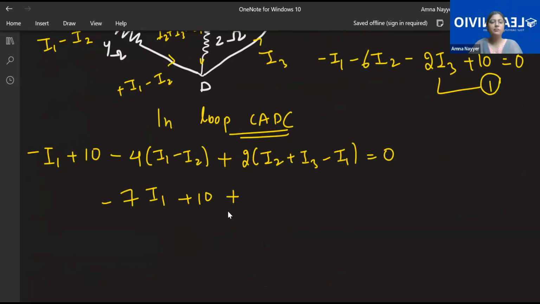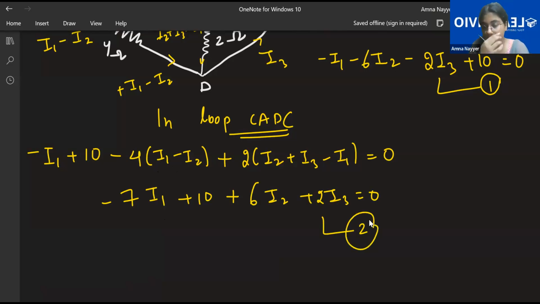Then minus 4I2 and plus 2I2 from there, so minus 4 plus 2... and 2I3 is equal to 0. So this equation becomes the second equation.